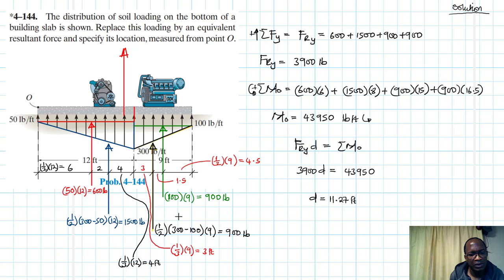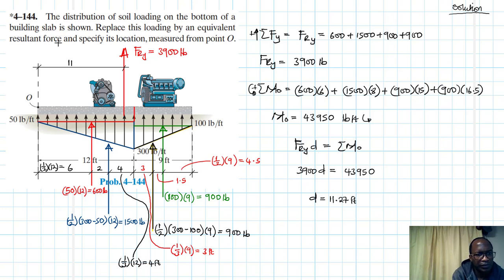All right, so we are saying this is our resultant in the Y, which is equal to 3,900 pounds, and this position measured from point O is equal to 11.27 feet.